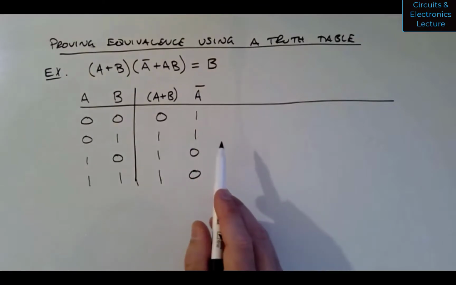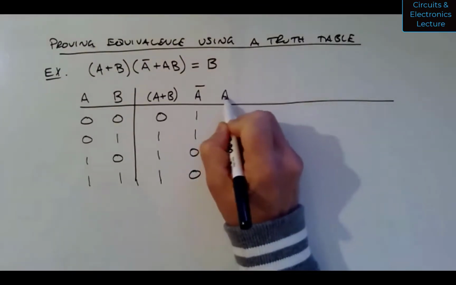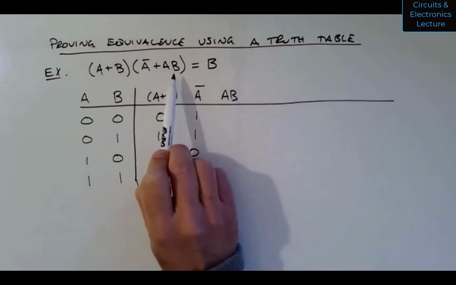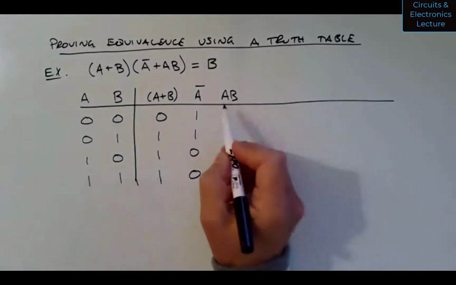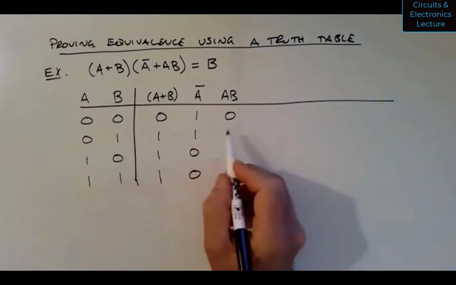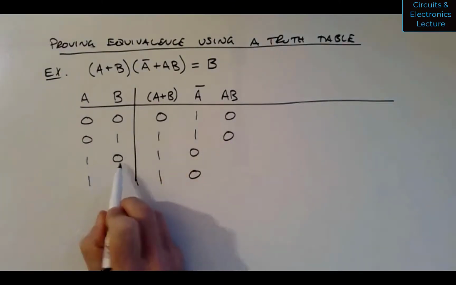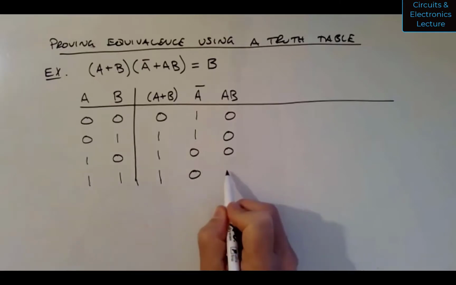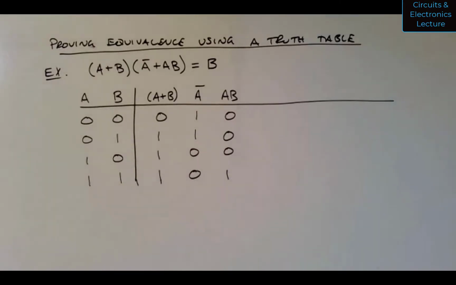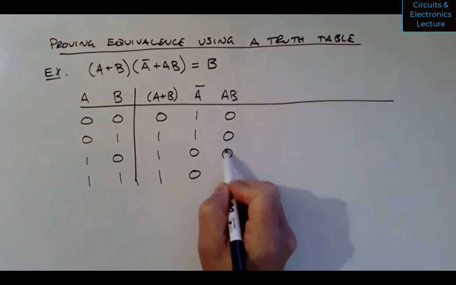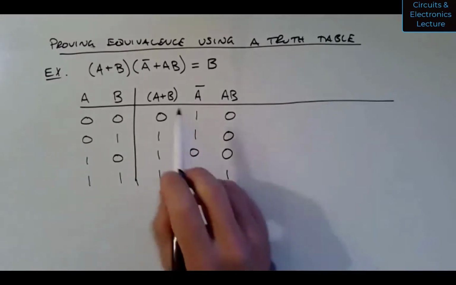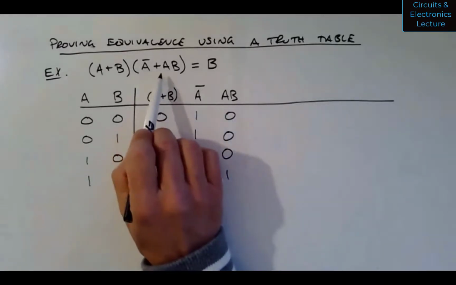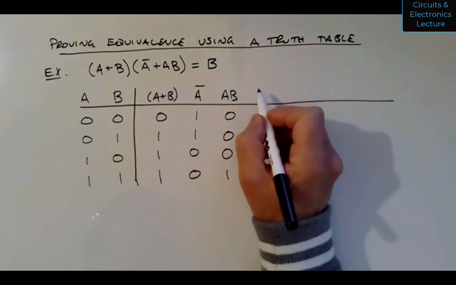Okay, let's continue on. Let's do A and B. So this term right here. The AND gate asks the question, are both of my inputs true? So no, no, no, yes. Now we can put these two terms together to form the term on the right-hand side here, this term in parentheses.